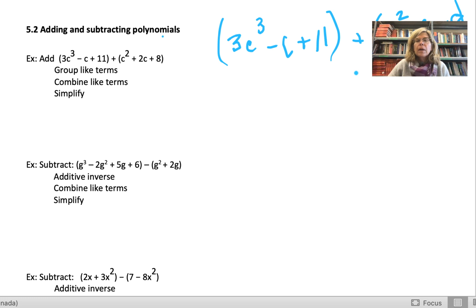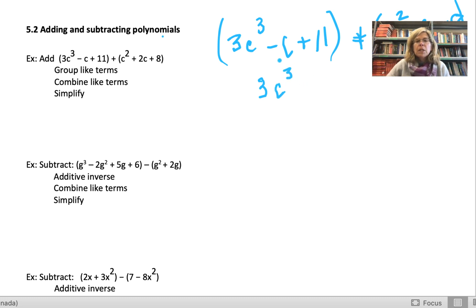Okay, and then you can just simplify because this is a plus sign. You can just look at the terms and collect the cubed terms and the squared terms and the c only terms and then the constants. In this case, though, I'm going to go through it with you just to make sure that you're comfortable with how to set it up if you wanted to.